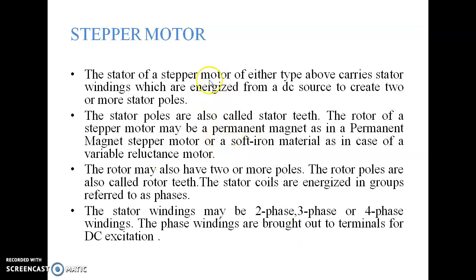So this can be of two types. The rotor may also have two or more poles, also called rotor teeth. The stator coils are energized in groups referred to as phases. The stator windings may be two-phase, three-phase or four-phase, and the phase windings are brought out to terminals for DC excitation.